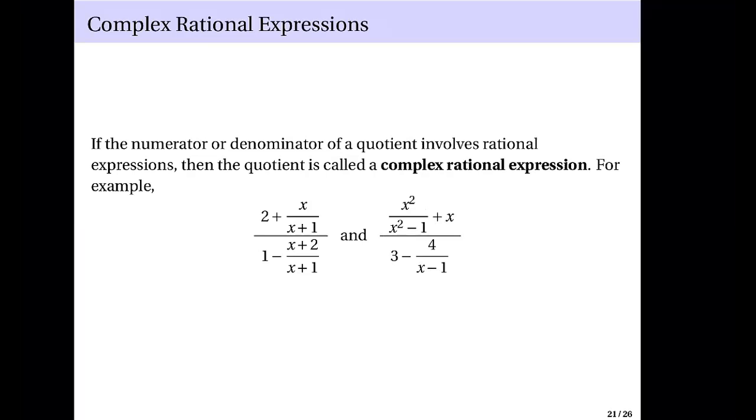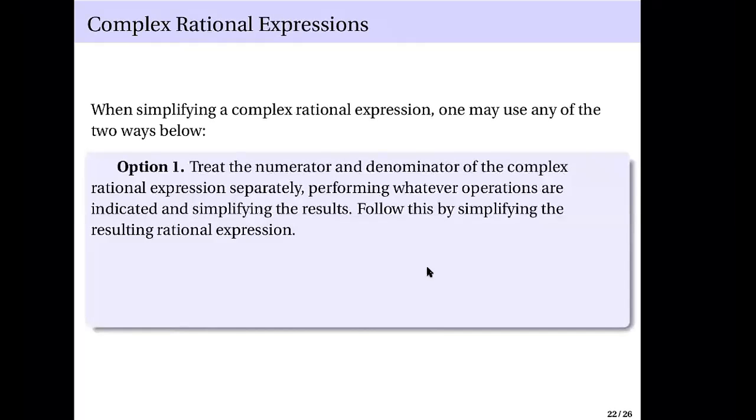Of course, our goal is to simplify these complex rational expressions. Okay? So when simplifying a complex rational expression, one may use any of the following two ways. First option, we treat the numerator and denominator of the complex rational expression separately. Okay?